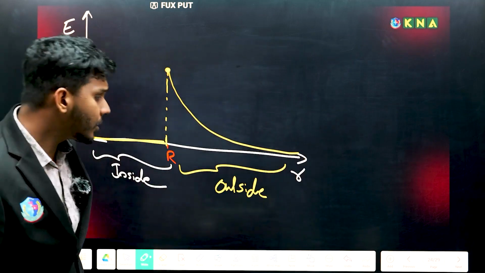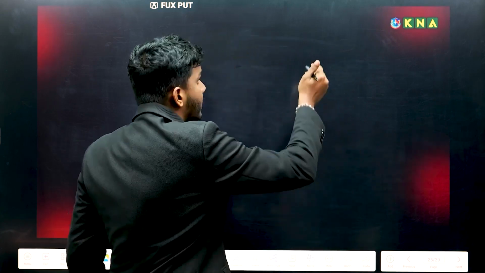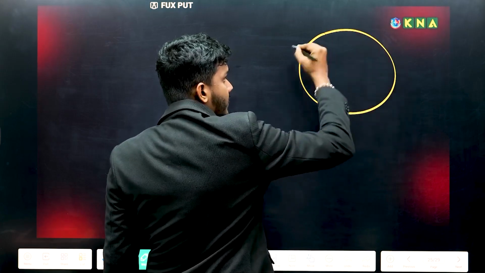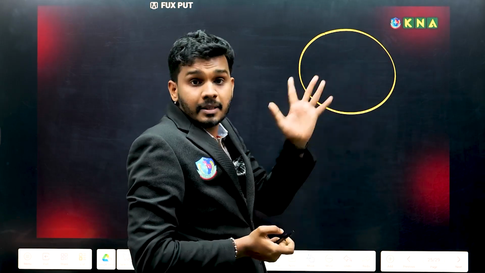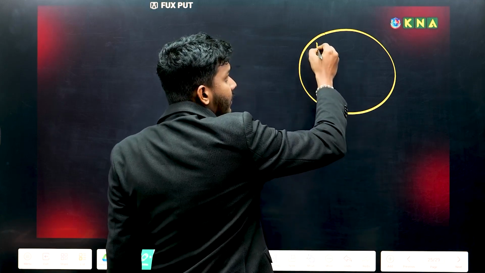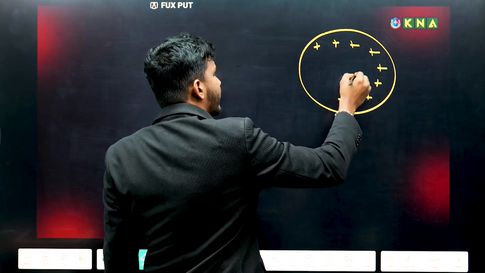And we want to study about a solid sphere also. This is a solid conducting sphere. If you put a charge in the sphere, what happens? The positive charges are distributed, negative charges are distributed.